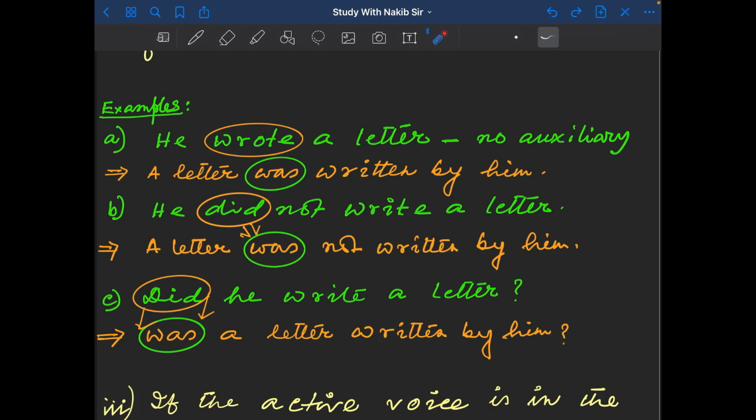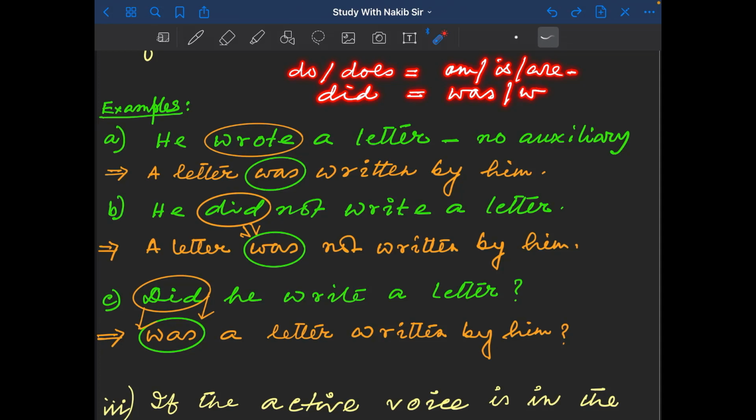So in a sentence, if you get do or does, you will get am, is or are in the passive voice. If you get did, in the passive voice you will get was or were.